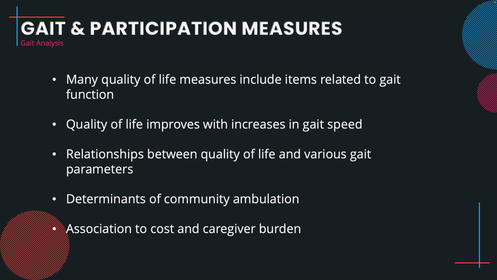You may improve somebody's walking speed and walking endurance a lot, to the point where on our objective tests, their walking speed and walking endurance wouldn't limit them from being a community ambulator. But the picture's bigger, which is why it necessitates the ICF model to be able to look at some more contextual factors. Are they aware of their environment?